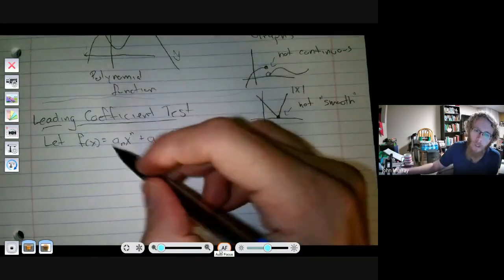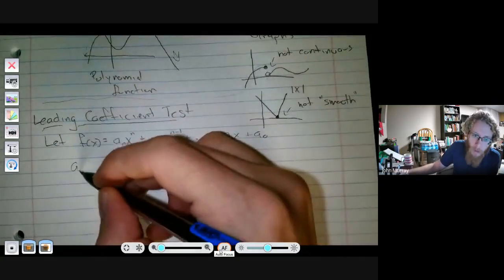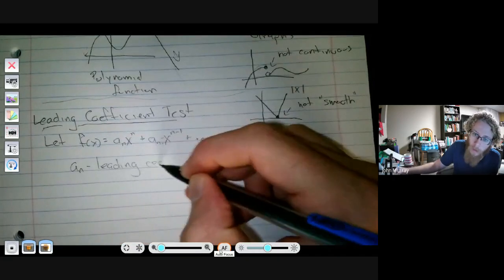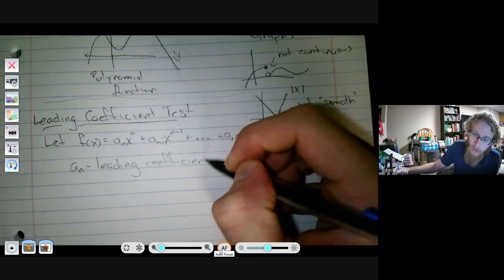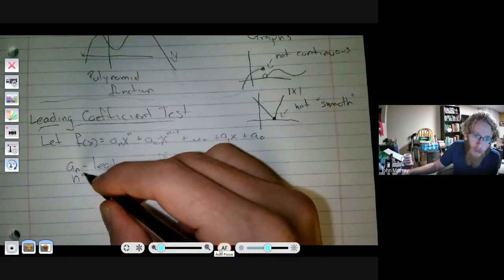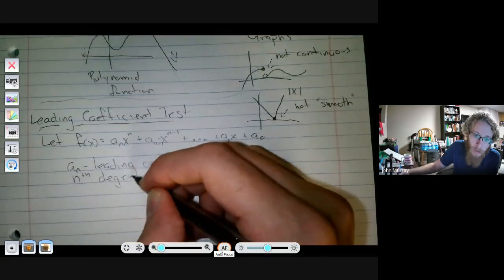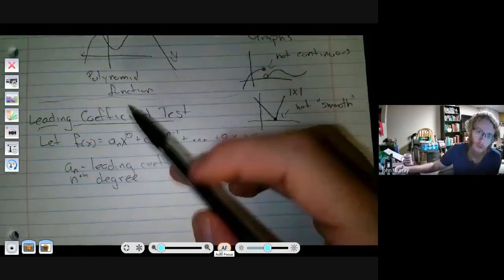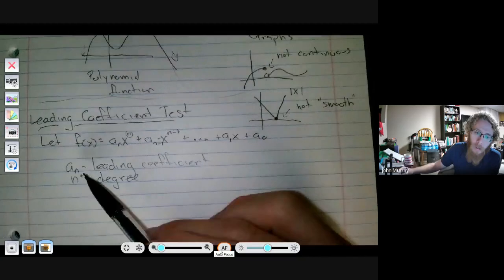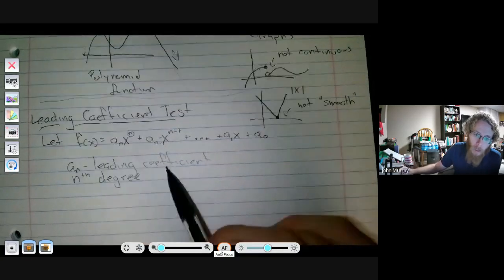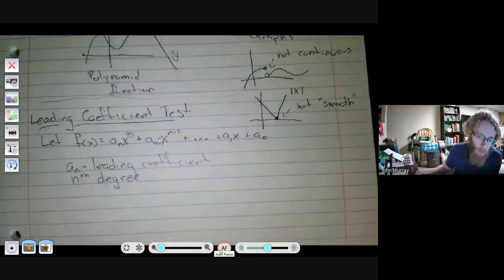So here, our leading coefficient would be a_n, and then we would say it would be the nth degree. If that was 3x to the fifth, it would be a polynomial of degree 5, and the leading coefficient would be the 3, the number in front of it.